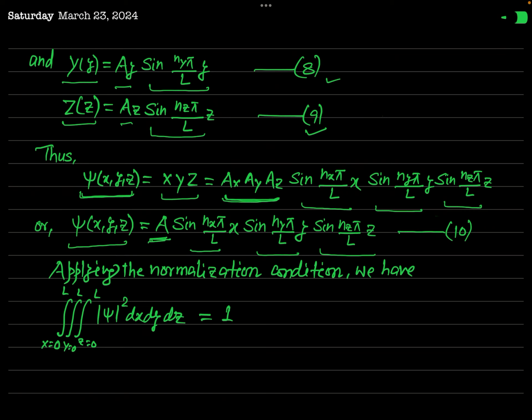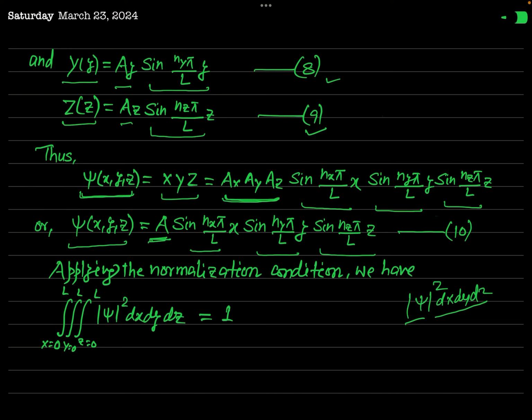In other words, you can also say that the probability density of finding a particle is mod psi squared. So the probability of finding the particle in an elementary volume dx, dy and dz will be this density times this elementary volume. But the finding of the particle inside the box is definite.